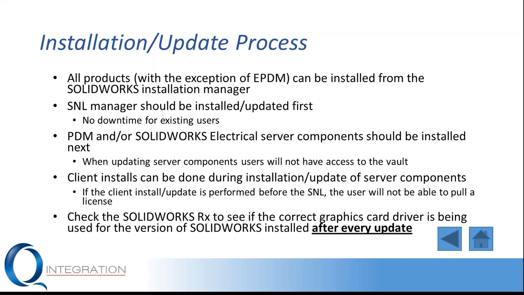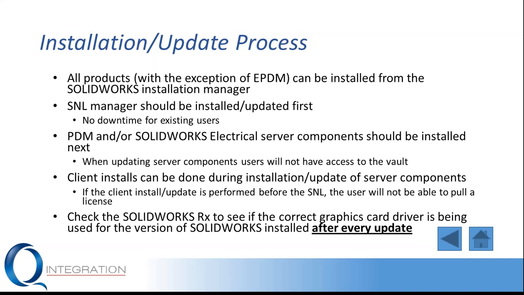Our Network License Manager should be the first thing that we update. So if we're utilizing a network license, we want to update this license manager to the very latest version. And this does not create any downtime for our existing users. SolidWorks actually has a built-in timer where it is looking back to the server for that license.